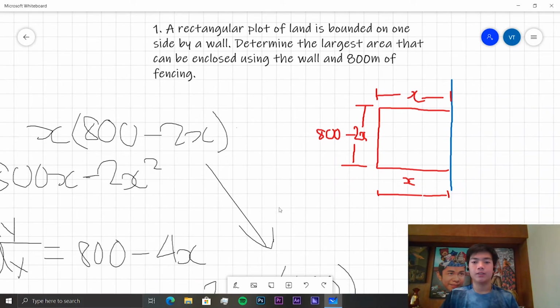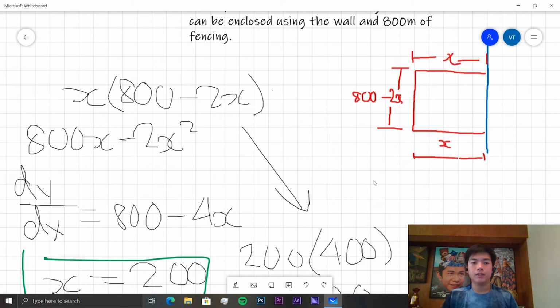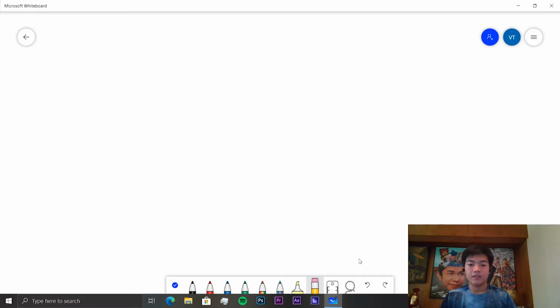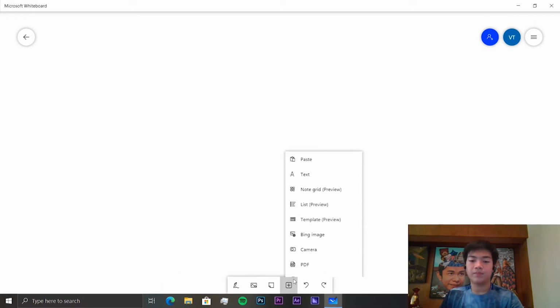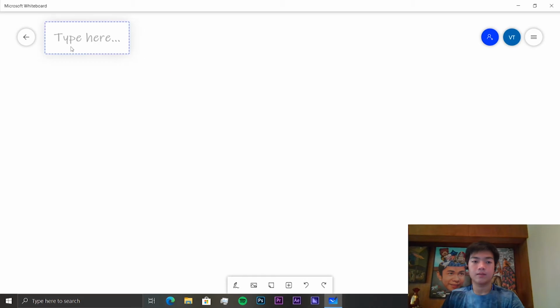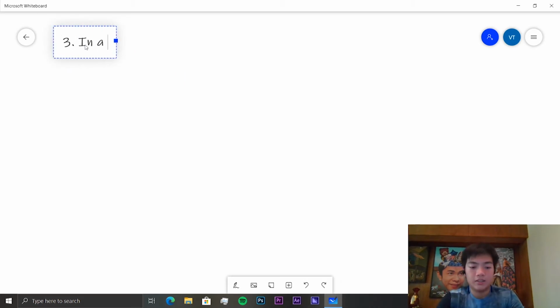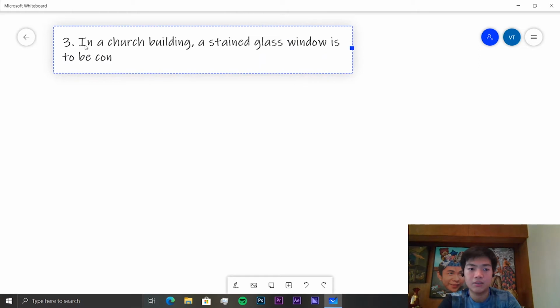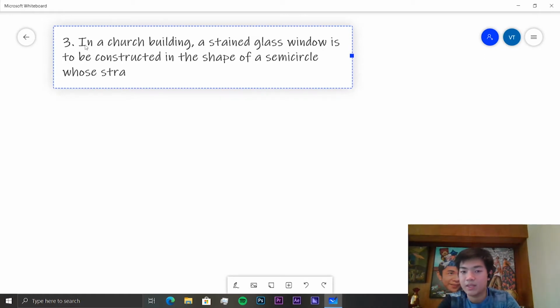Okay. So we can now move on to the next question. So the next question is, in a church building, a stained glass window is to be constructed in the shape of a semicircle whose straight edge sits on top of a rectangle.